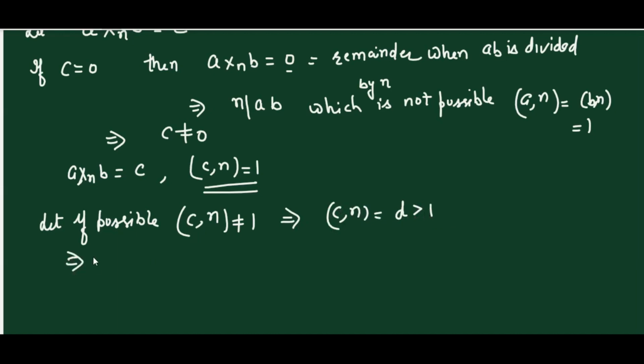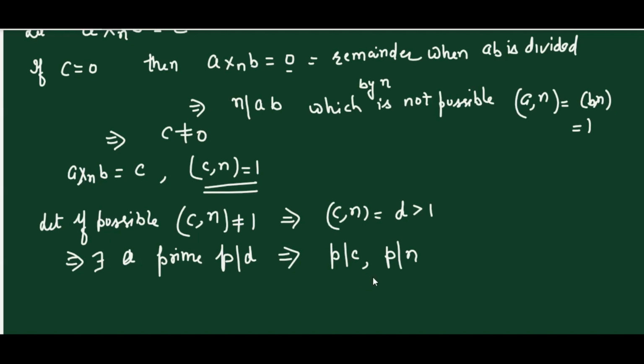So this implies, by number theory, there exists a prime p which divides d, because the GCD is not 1, therefore you can always find a prime p dividing d. This implies this prime p divides c and this prime p divides n as well. So it will divide both c and n.